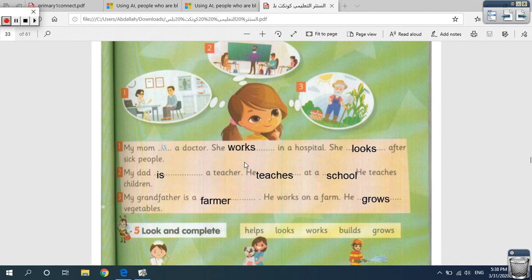We have one person. That's why we add s or es to the verb. Number 3, her grandfather. My grandfather is a farmer. He works on a farm. He grows vegetables. Grows means plants vegetables.